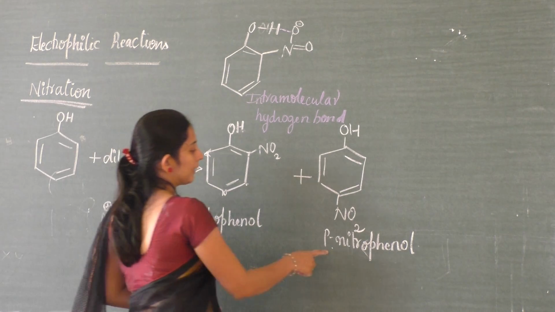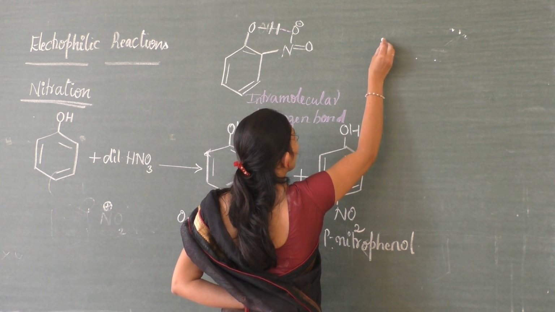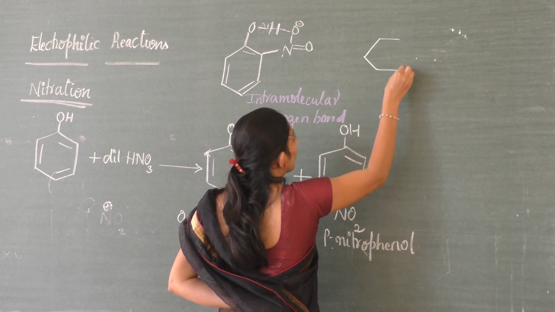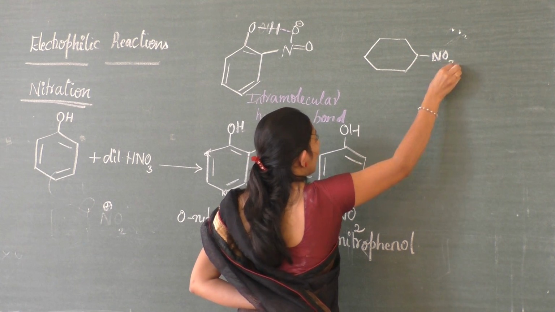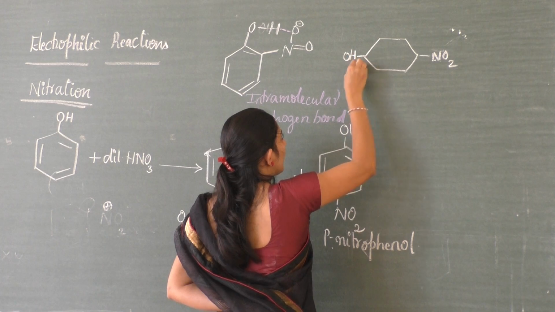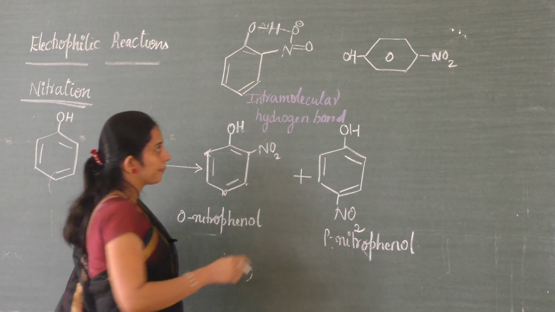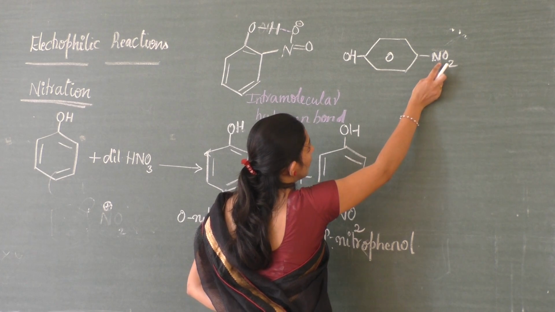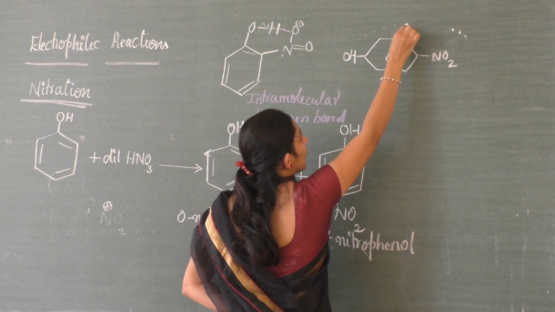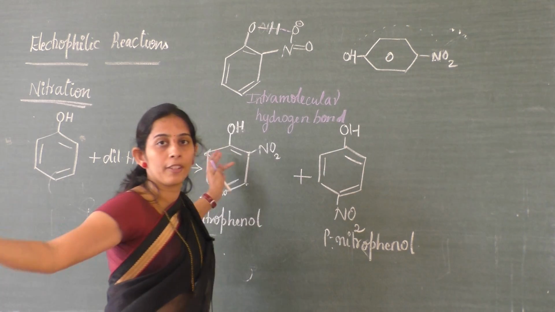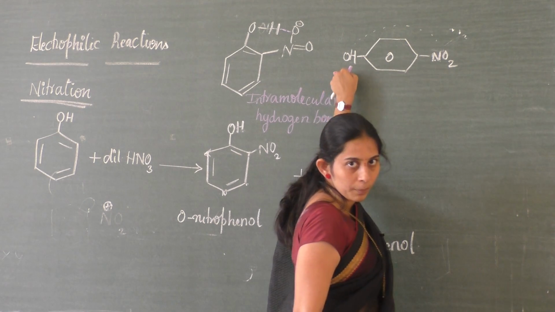Whereas in paranitrophenol, if I write it somewhat like this, here NO2 is there, here OH is there; I have just written it upside down. This is NO2, this is OH. So bonding from here to here is not possible because they are far apart from one another. Bonding is not possible.